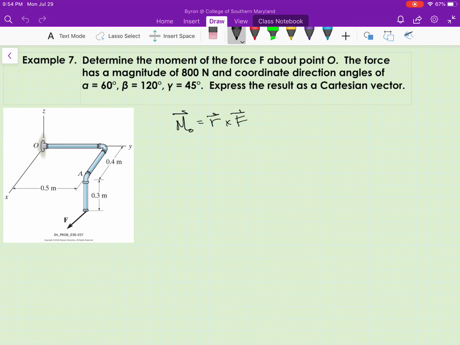So in our problem, r is going to be from O to somewhere along the line of action of the force F.